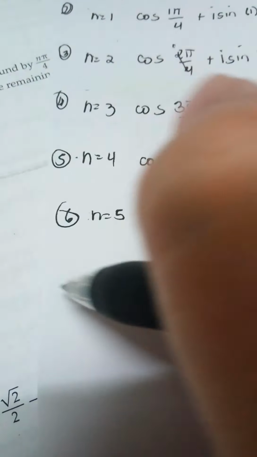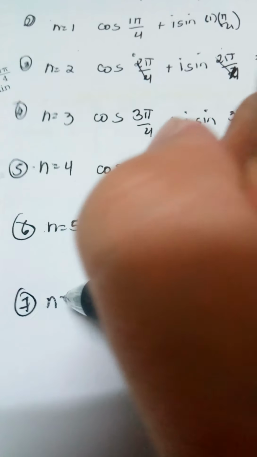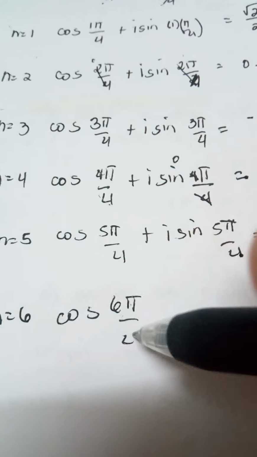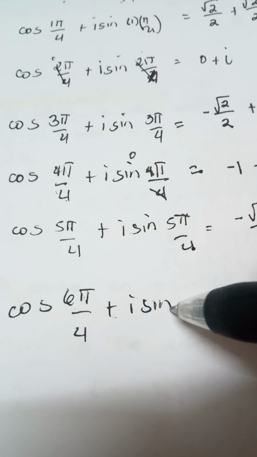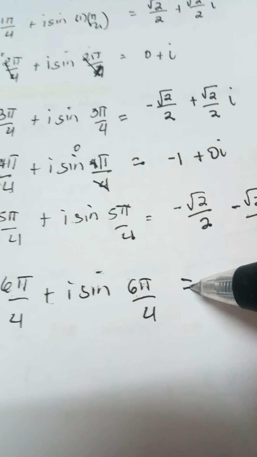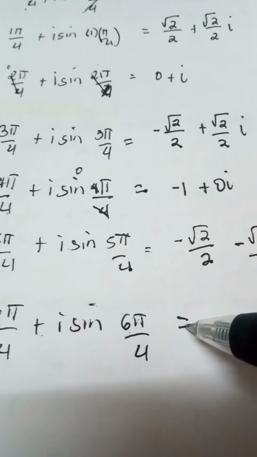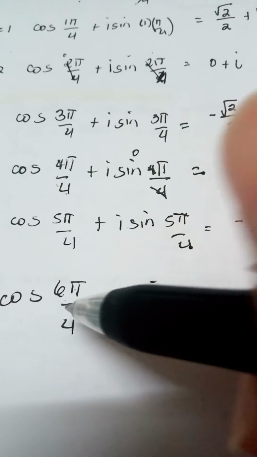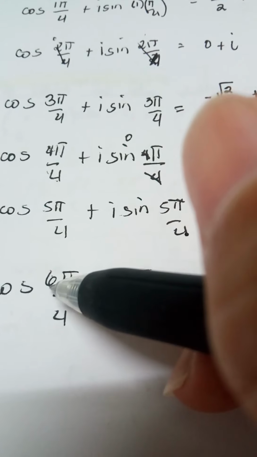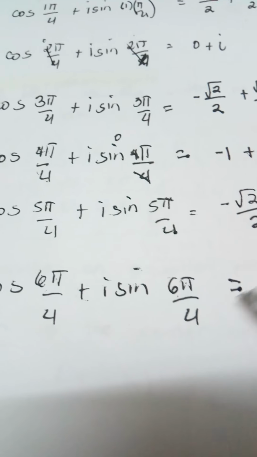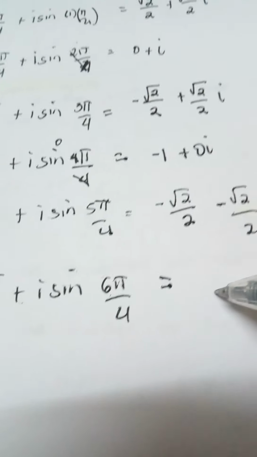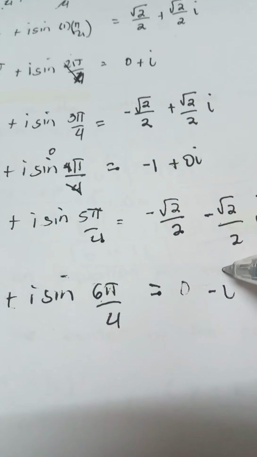And then number 7, when n is equal to 6. Cosine 6 pi over 4 plus i sine 6 pi over 4. This is 0, and sine is negative 1, so 0 minus i.